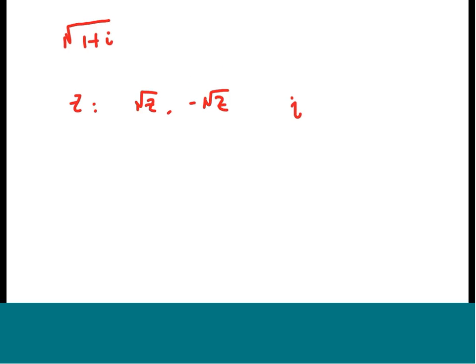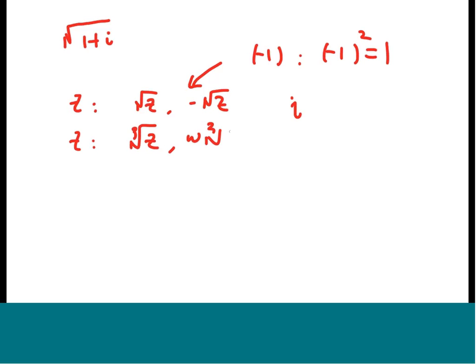So minus 1 is the number whose square equals 1. If you go to the cubic, you have z, whatever you take, 1. Then you have omega z.